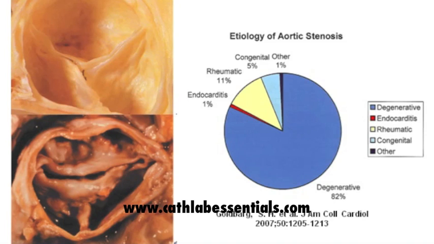On the top left panel is the normal aortic valve, and on the lower right is a bicuspid calcific stenotic aortic valve with an atretic median raphe at the 6 o'clock position. Recall that the other etiologies of aortic stenosis include endocarditis, rheumatic fever, congenital deformation, and other varieties, as shown in the graphic of Goldberg on the right.